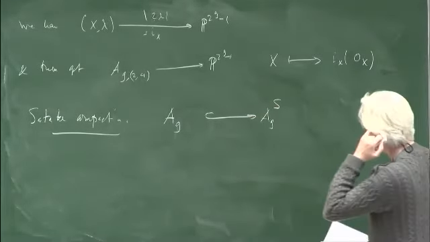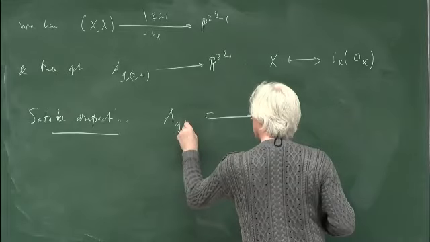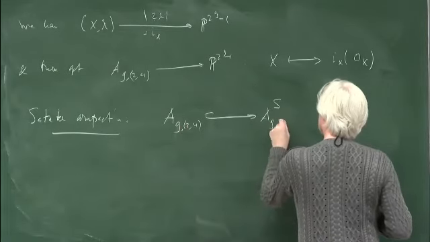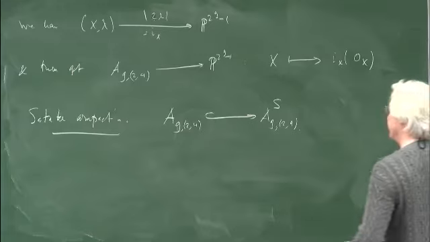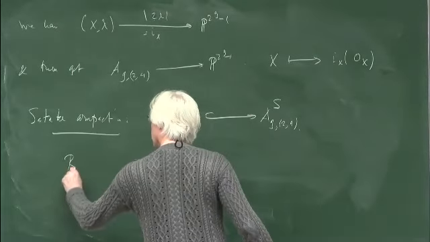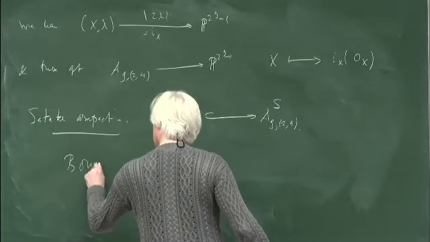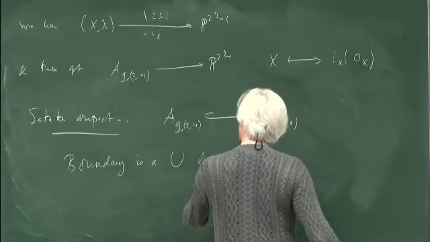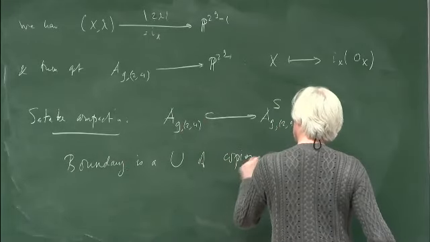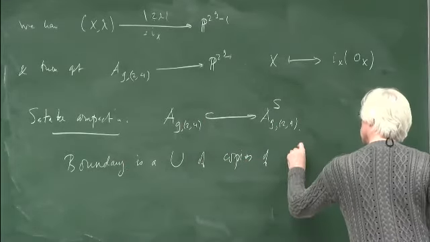Yes. And this works at finite level as well. And the boundary is a union of copies of the same moduli space, but at genus 1 less.